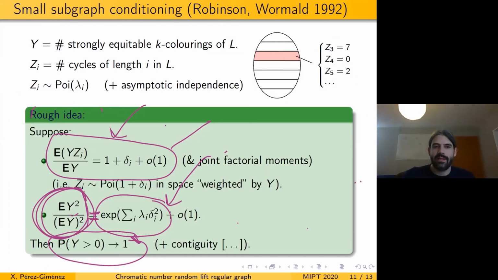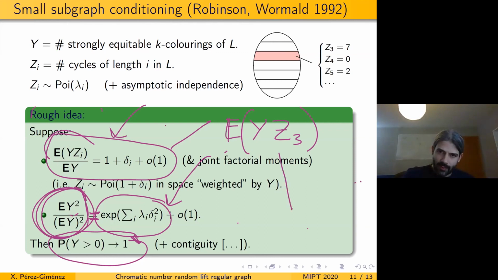The way to do it is just applying this small subgraph conditioning method as a black box, which requires you to compute some moments. I'm just writing something slightly simpler; it involves things that are more complicated than this, but in particular, you need to compute things like this: the expectation of the number of triangles times the number of colors.